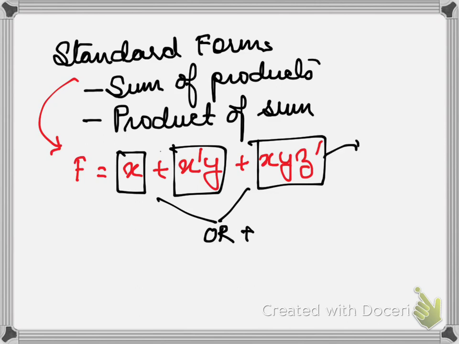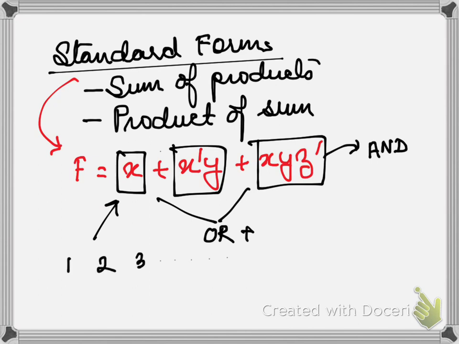Each term is a product, which is nothing but the AND operator. If you have this format, then it is known as a standard format. One thing you can notice is that each term can contain any number of literals. It may be one literal, 1, 2, 3, and so on, depending on the number of variables. So this is a sum of products.